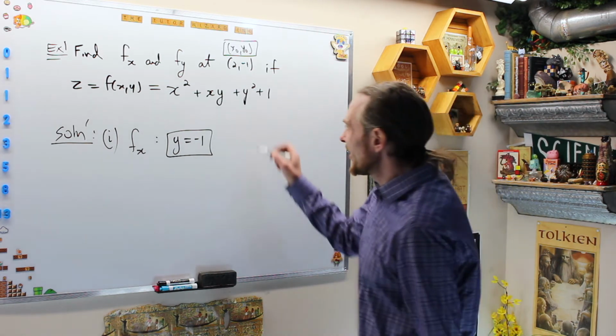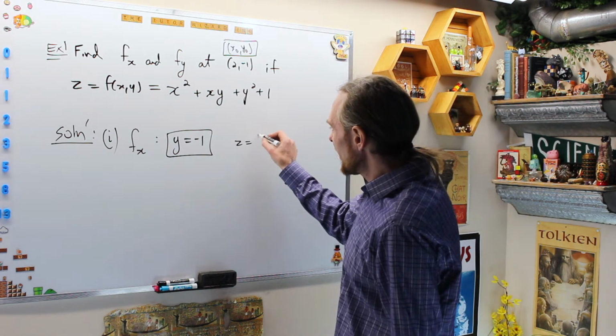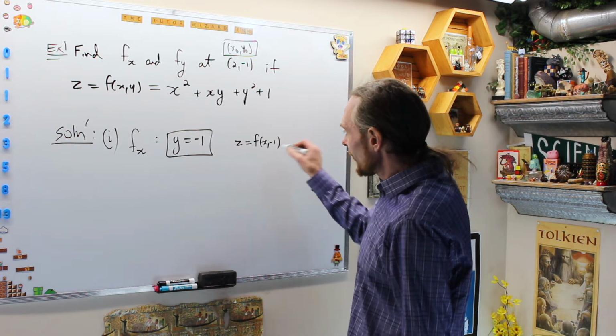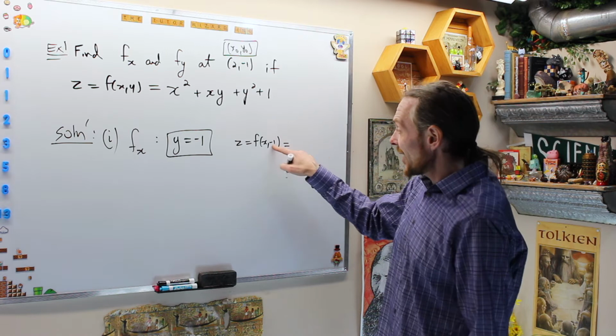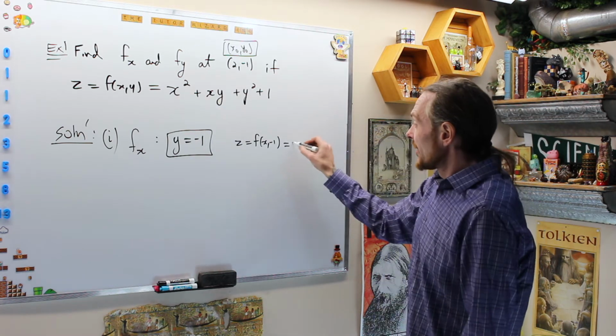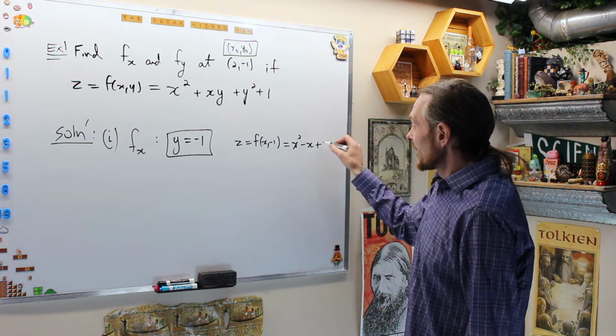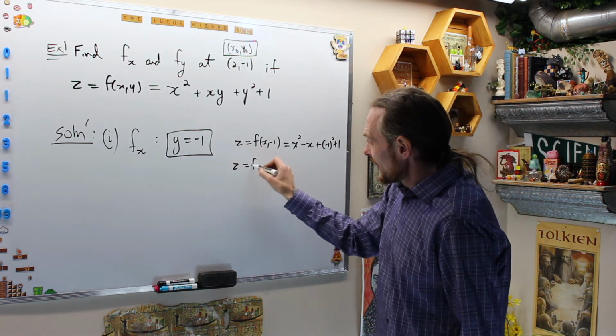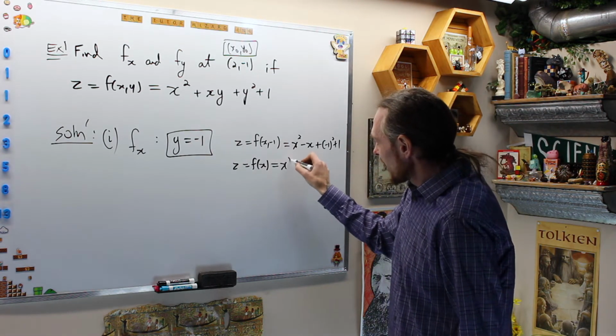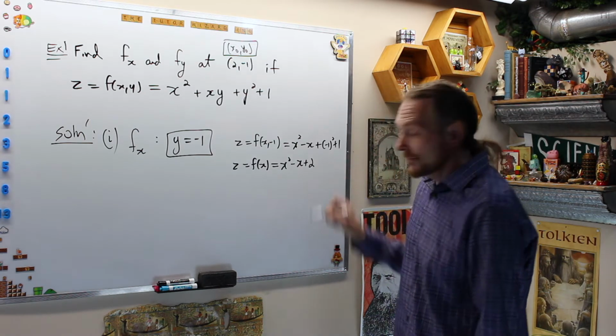What is that curve? That curve is z equals f of x, -1, f of x, y naught. Y is constant now, and I put -1 wherever y was. This will give me x squared minus x plus (-1) squared plus 1, or z as a function of just x now, which is x squared minus x plus 2.